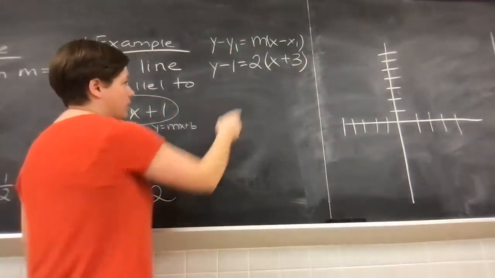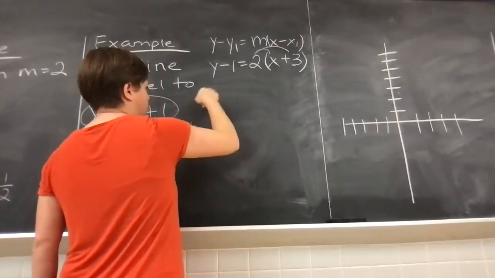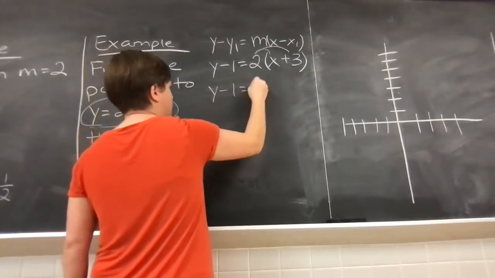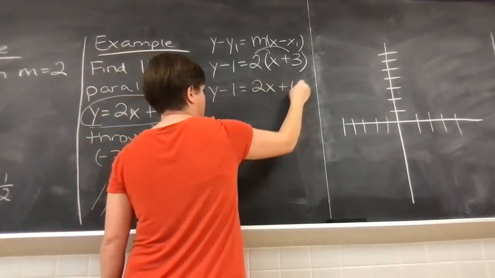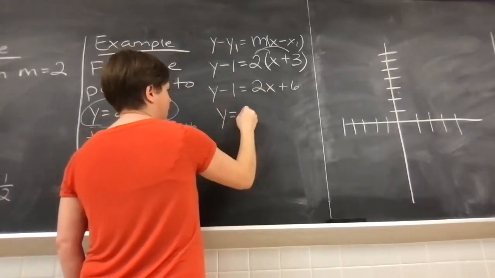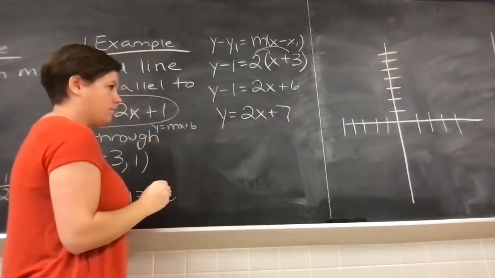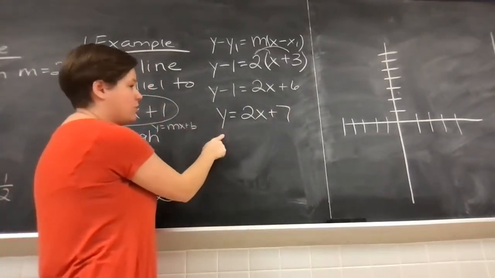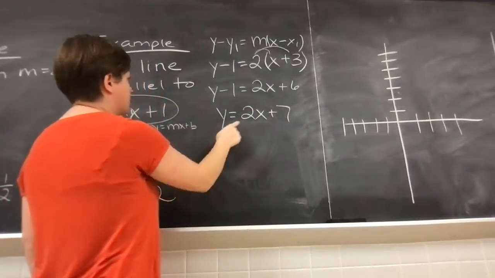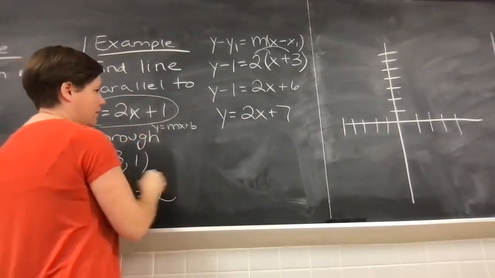I'm going to distribute my 2 in, so I have y minus 1 equals 2x plus 6. Add my 1 over, y equals 2x plus 7. Here I have an equation of a line with the same slope as the original through the point -3, 1.